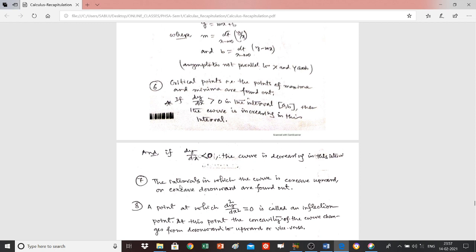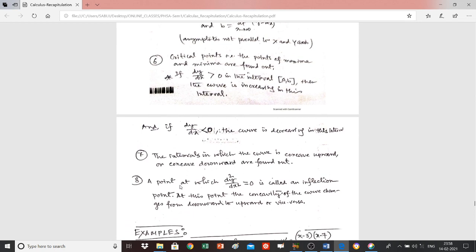The intervals in which the curve is concave upward or concave downward are also found out. So you have to test the concavity of the curve, that is whether it is concave upward or concave downward, and those intervals should also be found out. And a point at which d2y by dx square is equal to 0 is called an inflection point.